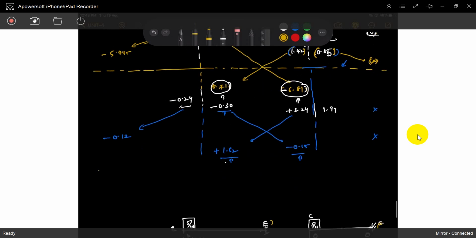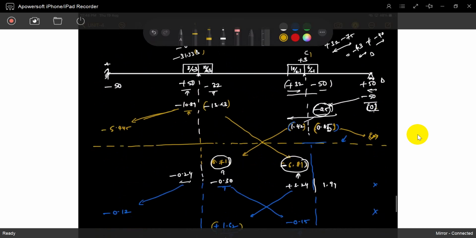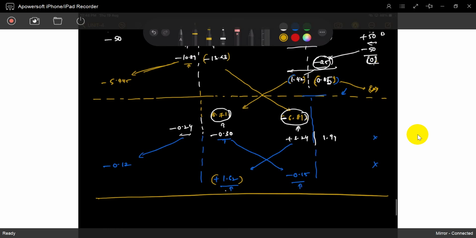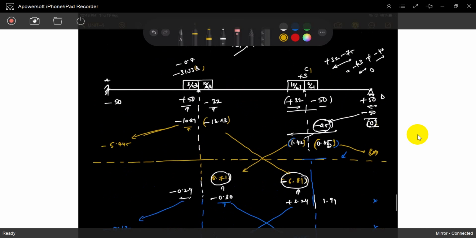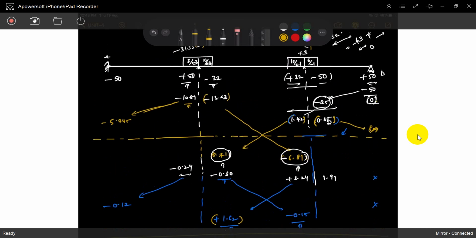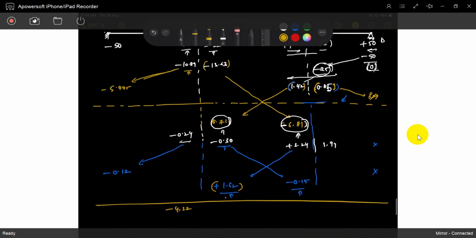So it is the unbalanced moment, 1.62 multiplied with 8 by 23, 8 divided by 23. So we have to apply negative 4.32. Sorry, it's 1 by 23. It's 0.56.